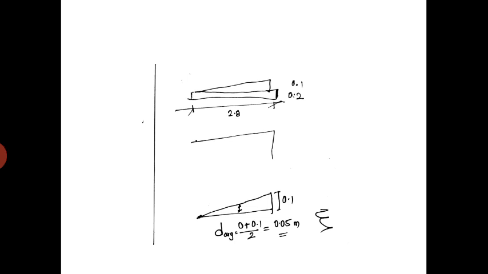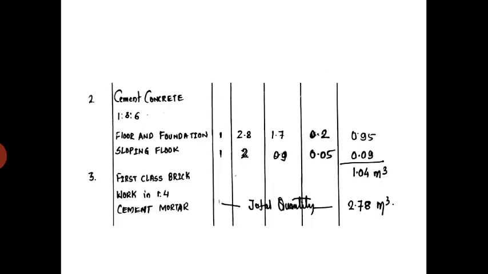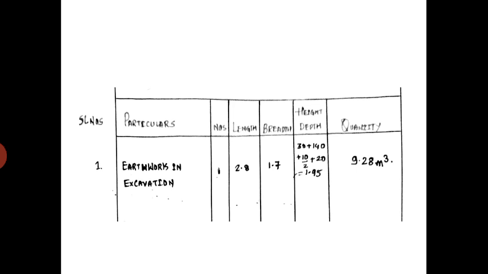That height should be divided by 2. This is how it should be calculated: the height is 30, 140, then 10 divided by 2 for the sloped area, then plus 20. The total is 1.95. Then the total quantity of the earthwork excavation is 9.28 meter cube.